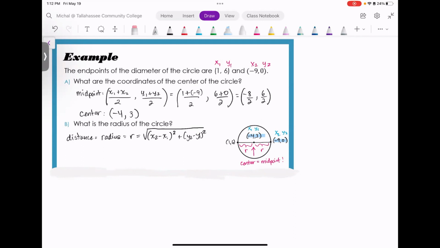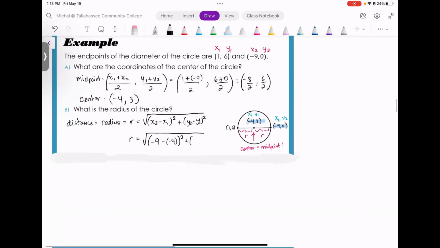All right. So what we're going to do is plug in these numbers. I get that my r is equal to the square root of x2 minus x1. That is -9 minus -4, squared, plus y2 minus y1, which is 0 minus 6, or I'm sorry, 0 minus 3, squared.